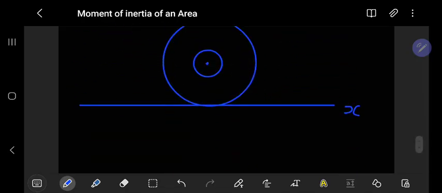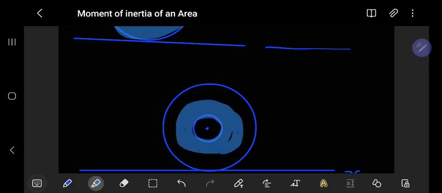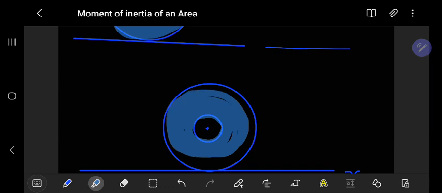So what this implies is that if you now wanted to find the moment of inertia of this region just between the two circles, if you wanted to just find the moment of inertia for this section, how would you do it? Well, it turns out you can just get the difference in their moment of inertia.